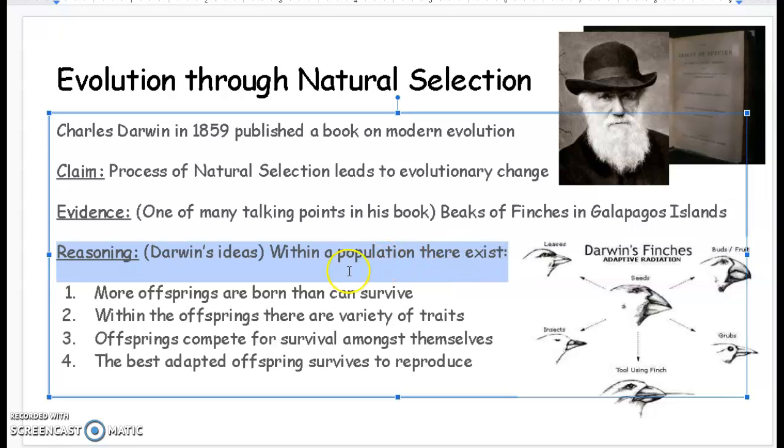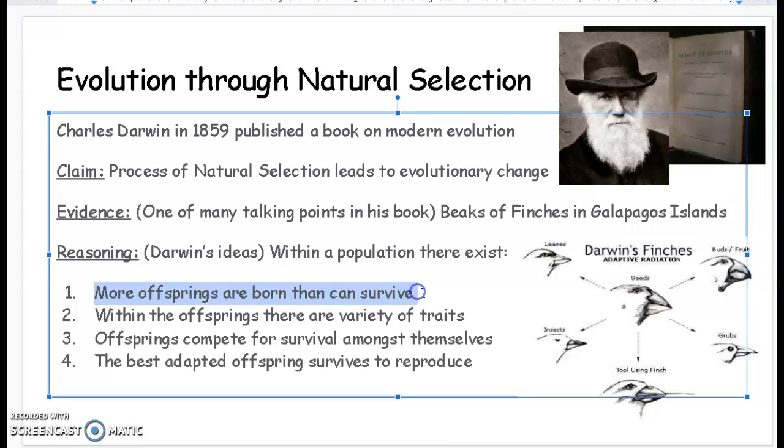Within a population, number one, more offspring are born than can survive. So more babies are born, and in the wild, we are pretty sure that not everyone will survive to become an adult. This can be due to starvation, predation, bad luck in general.